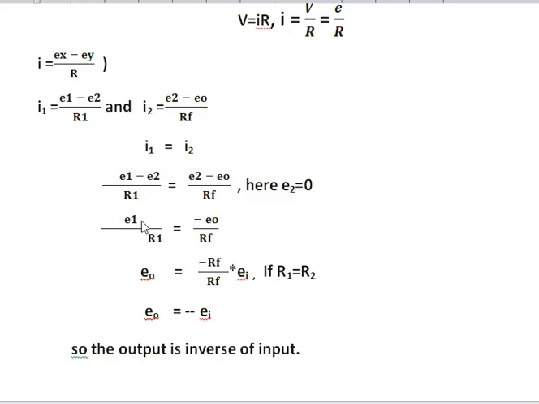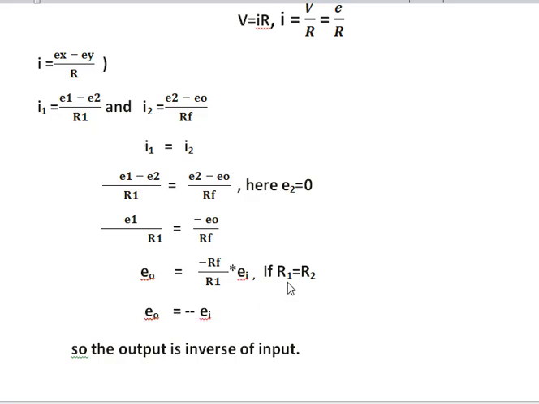So this equation is modified into E1 by R1 and this equation is modified into minus E output by R feedback. On further modification, E output becomes minus RF by R1. So E output is equal to minus R feedback by R1 into the input voltage E1.